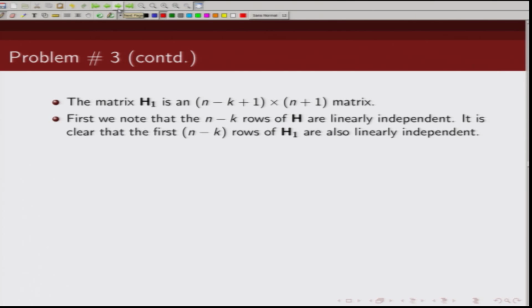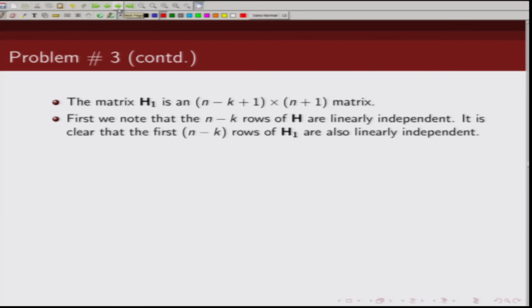Next, what is the rank of the original matrix H? The rank of the original matrix H is n minus k. That means, the n minus k rows of the original parity check matrix H are linearly independent.